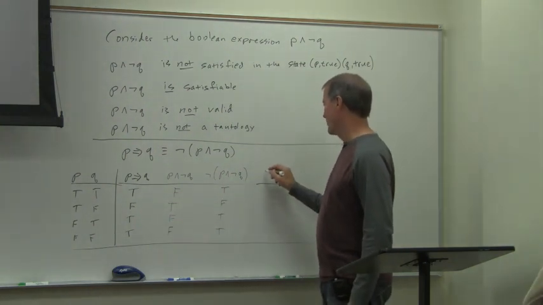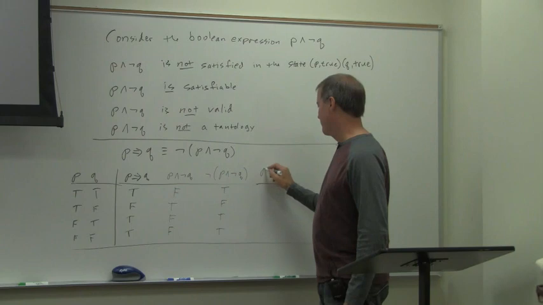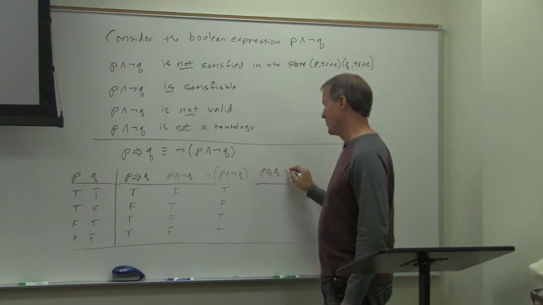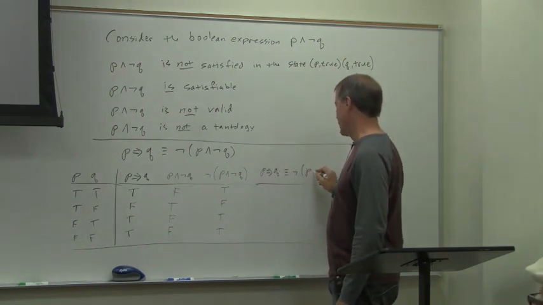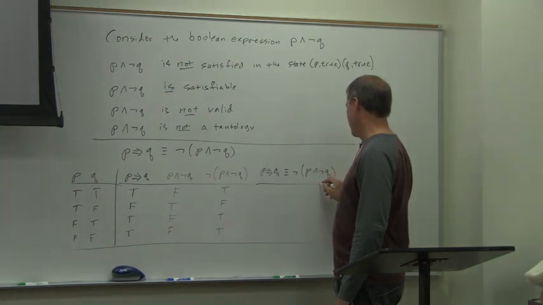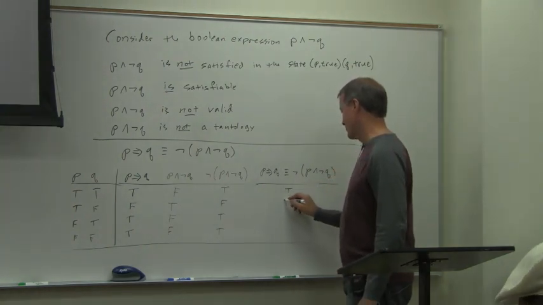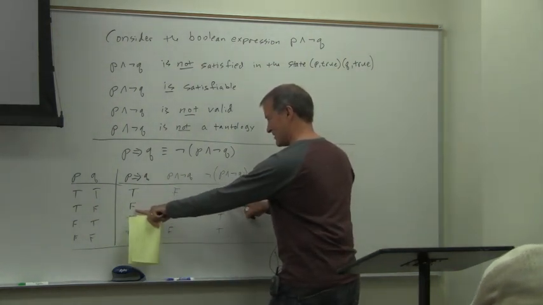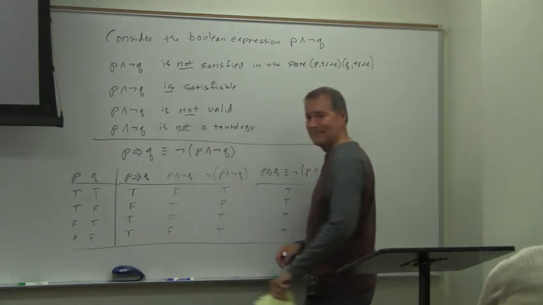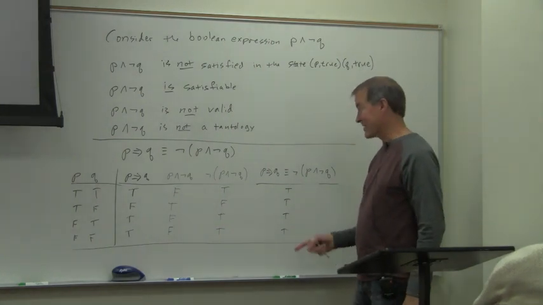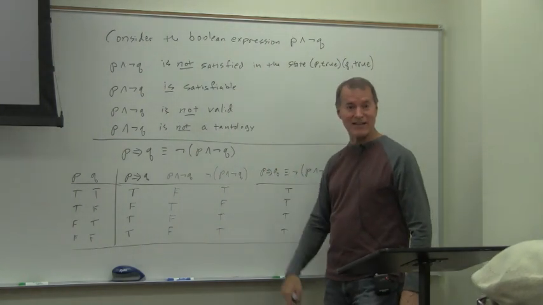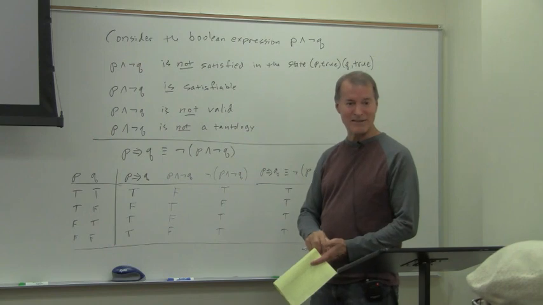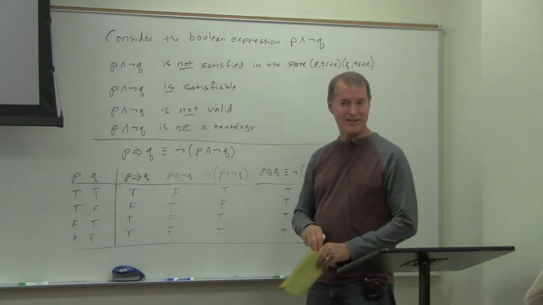So therefore, P implies Q is equivalent to not P and not Q. It turns out to be true, true, true, true, because they're the same, the same, the same, the same. It is a tautology. It's valid. This means the same thing.